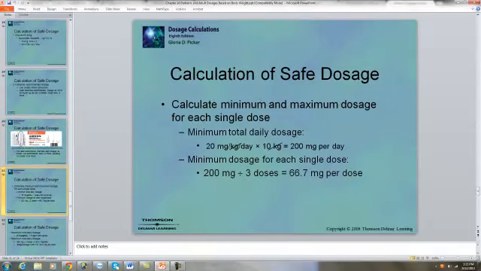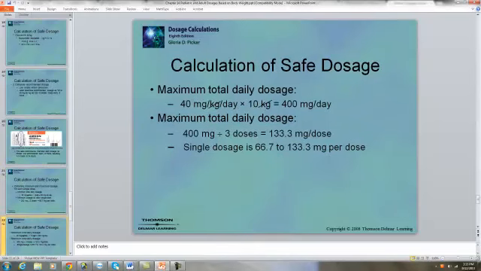So we calculate the minimum and the maximum dosage for each single dose. So the minimum at 20 milligrams per kilogram per day times the child's weight of 10 kilograms would mean 200 milligrams per day. And that would be divided into 3 doses at 66 7/10 milligrams per dose.